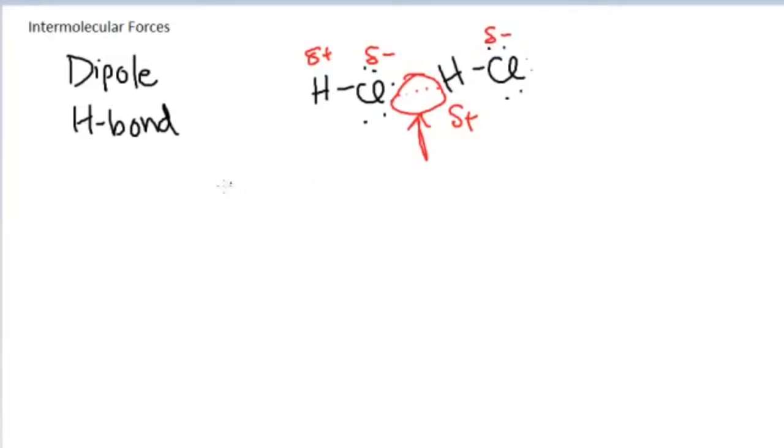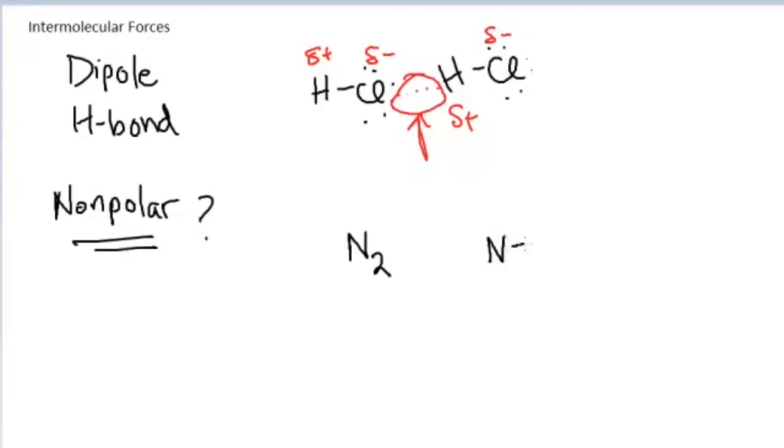But what about substances that are nonpolar? What about molecules that do not have a dipole moment? For example, let's take a nitrogen molecule, N2. Nitrogen is a diatomic element. That means there are two nitrogens. If we think of their Lewis structure, they happen to be bonded by a triple bond, and each nitrogen does have a lone pair.